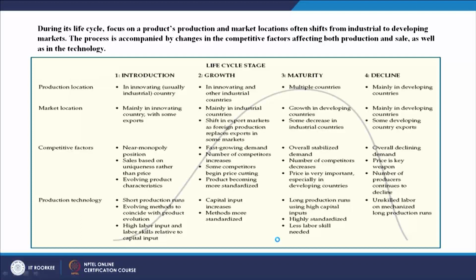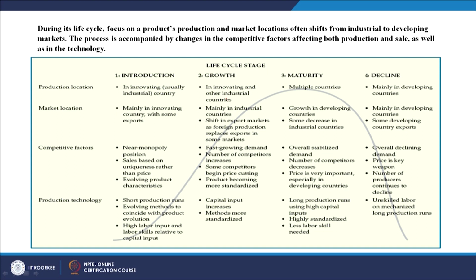Okay. Look at this diagram. During its life cycle, the focus on a product's production and market location often shifts. So, this is what we had said. So, product location. So, what is happening to product location in the introduction, growth, maturity and decline? Let us see. In innovating, usually in the innovating country. So, the country which innovated, right, let us say the developed country. Growth in innovating and other industrial countries.